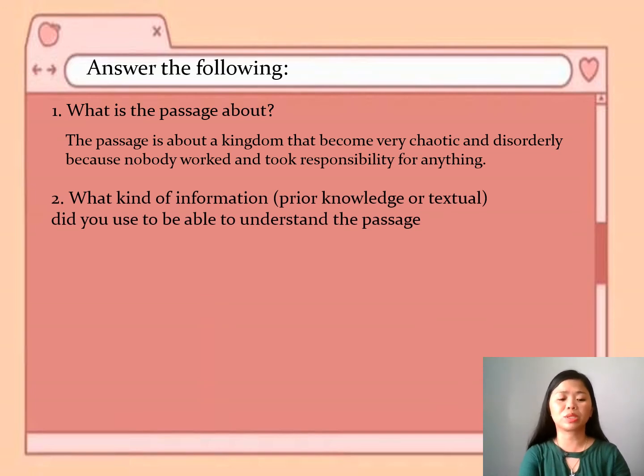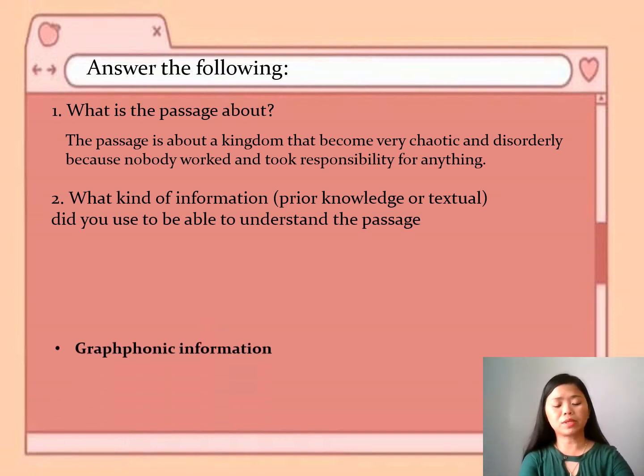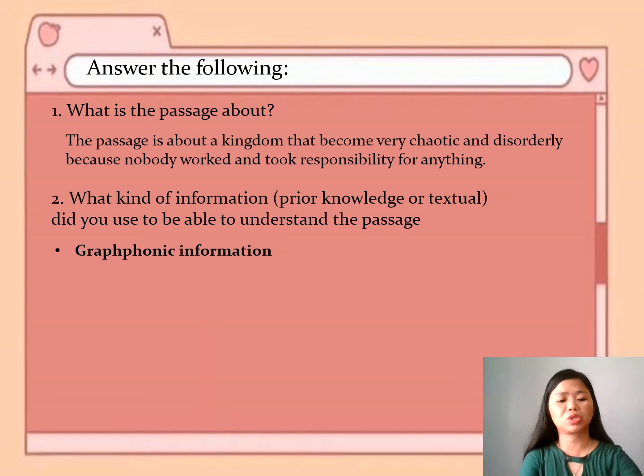Okay, question number two. What kind of information or prior knowledge or textual information did you use to be able to understand the passage? Comprehension of the passage is possible because the reader uses the following types of information. First is the graphophonic information.